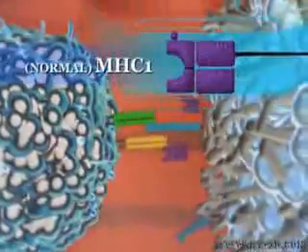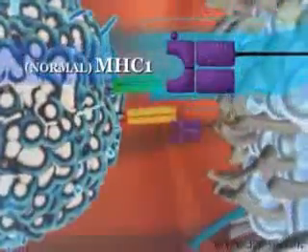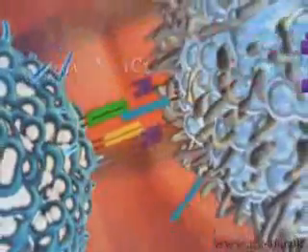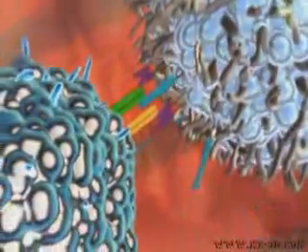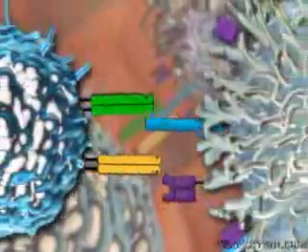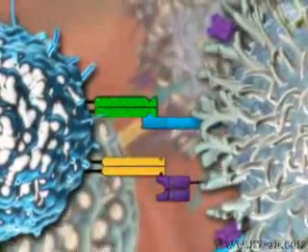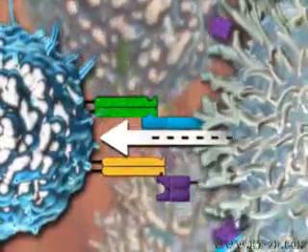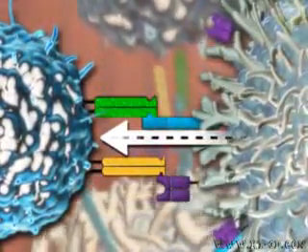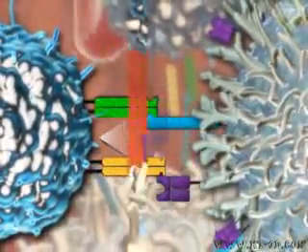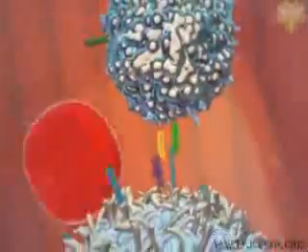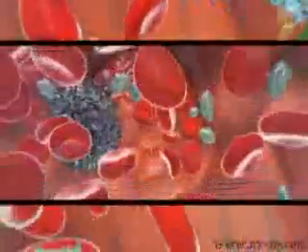Natural killer cells will not kill healthy, genetically identical cells with normal expression of MHC1 as seen in other normal cells of the body. Therefore, the binding of the inhibitory natural killer cell receptor to normal MHC1 sends a negative signal to inhibit signals from the activation natural killer cell receptors, which are bound to the target cell activating ligand.